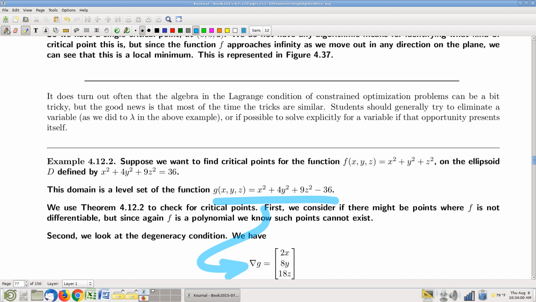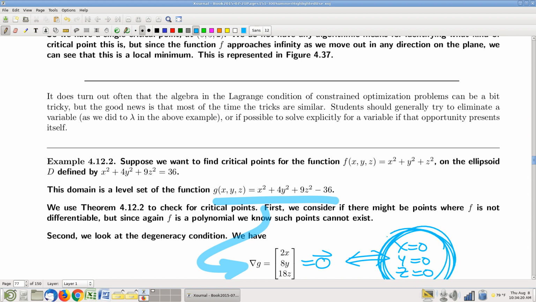Because, check it out, I can make this equal to 0. All I have to do is let x equal 0 and y equal 0 and z equal 0, and yeah, that'll do it.